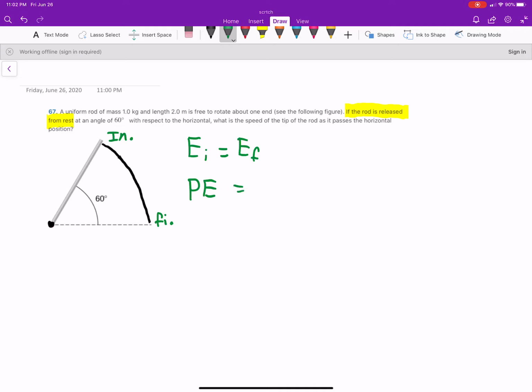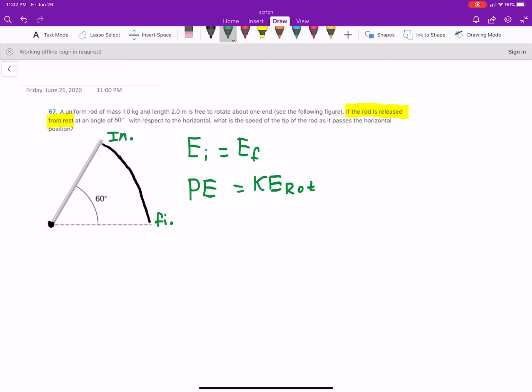And at our final position, what we're going to have is kinetic energy, in particular rotational kinetic energy. So that's what we have set up: our energy initial is just potential energy, and our energy final is just kinetic energy because it's just spinning around.